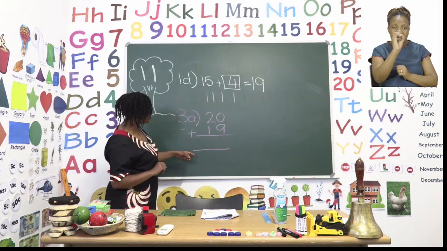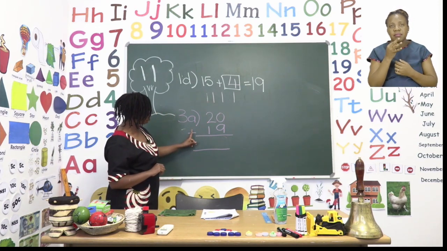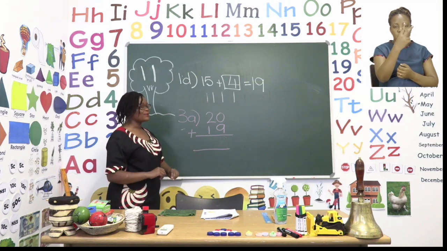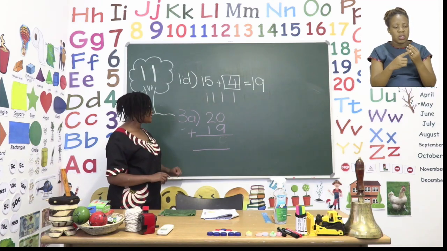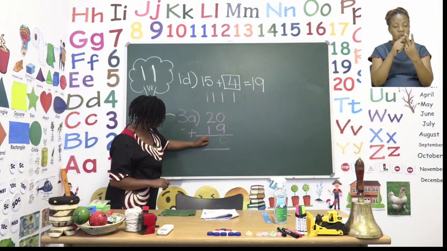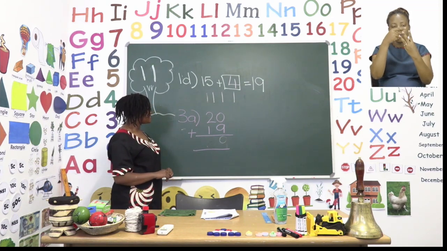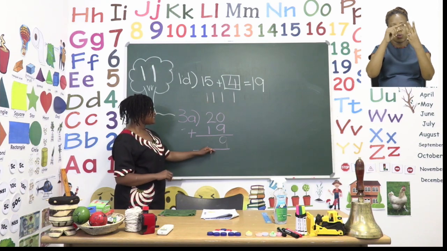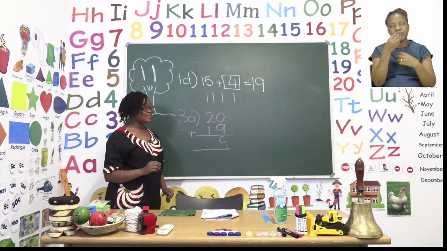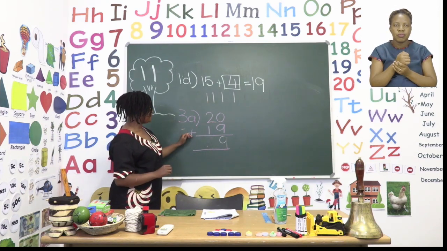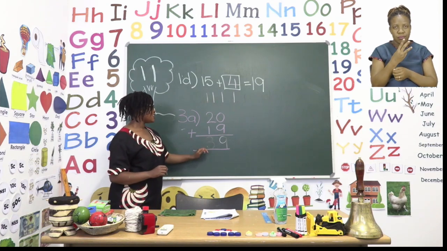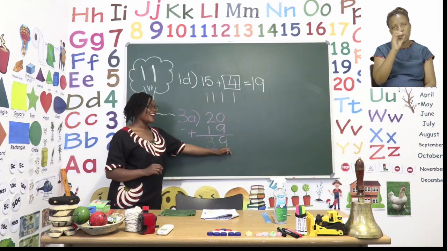The next one is 2 plus 1. And we all know what 2 plus 1 is, boys and girls. It is 3. So our answer after writing says 39, making the sum say 20 plus 19 equals 39.